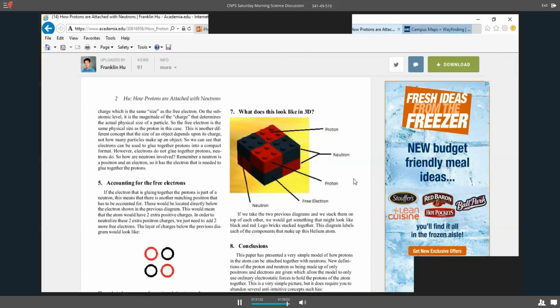Now, this is a little bit different than what we would normally consider a collision. Like if I throw a tennis ball at a wall, it bounces back. They actually don't think that the incoming particles actually bounced back from the atomic nucleus.